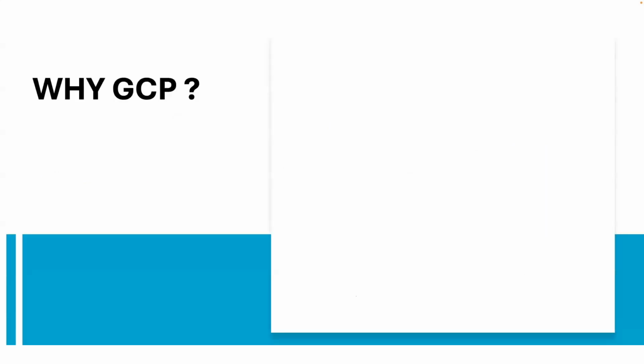Why Google Cloud? The next question is, why do we need to learn Google Cloud? Google Cloud is relatively new in the market, considering the current leaders. AWS came around 2006-8, that period, with very few services. Then they added more services.